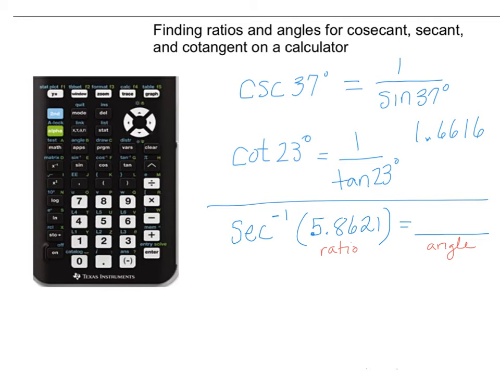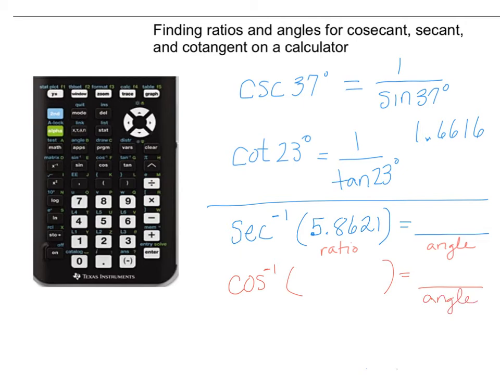And that's not exactly right because we're talking about a ratio here. But I do know that the reciprocal function of secant is cosine. So what if I wanted to use the inverse cosine of a ratio to find an angle?